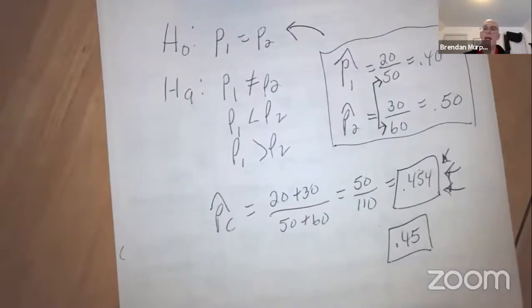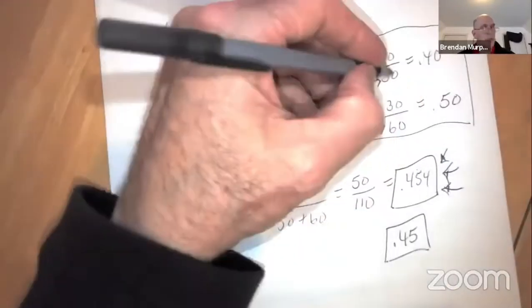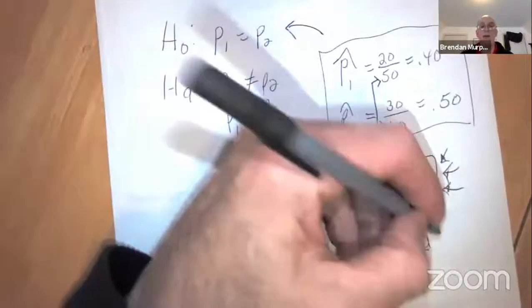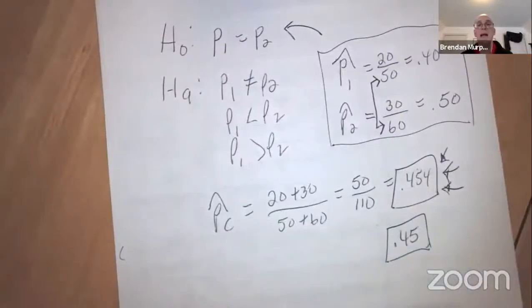And so I kind of call it a weighted average, perhaps. I don't know if that's 100% correct, but sort of a weighted average based upon the two different sample sizes. I think one of the problems that I do today has these two the same, and another one has those different. And so that's what this p hat combined means, or p hat c means.